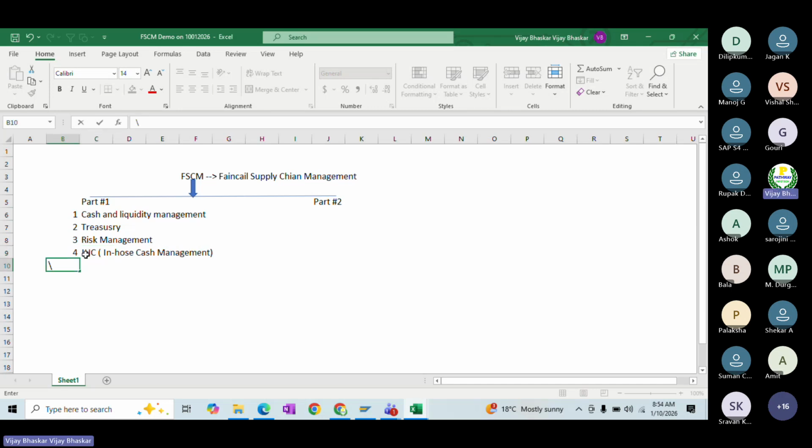The advanced topics we are talking about are BCM, bank communication management, and also, which is a part of it, the latest one you might have heard of, MBC, multi-bank connectivity.